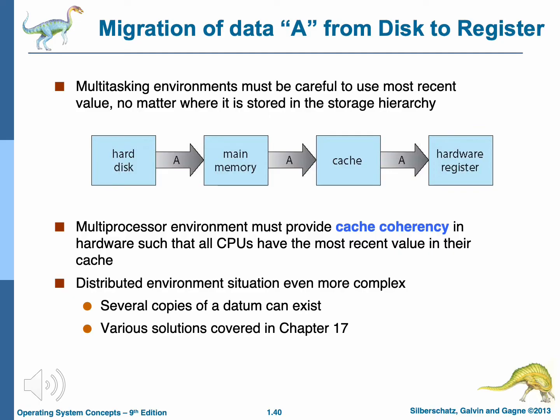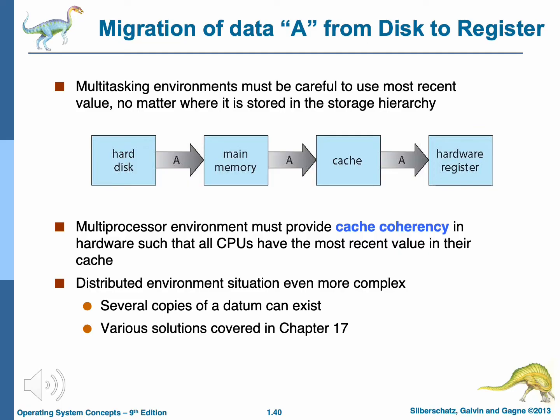The situation becomes more complicated in a multiprocessor environment, where in addition to maintaining internal registers, each of the CPUs also contains a local cache. In such an environment, a copy of A must exist simultaneously in several caches, since the various CPUs can all execute in parallel.